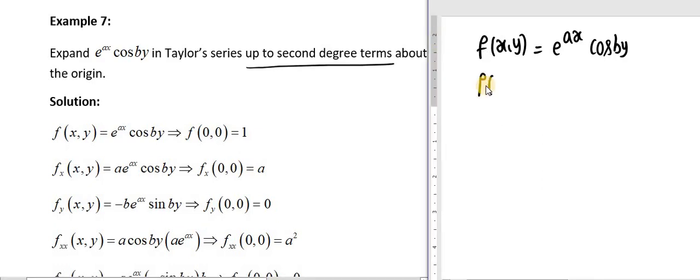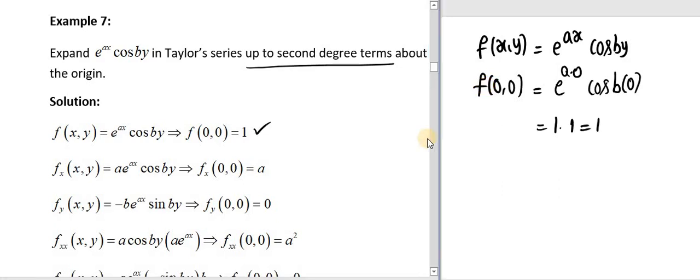First of all, we want to find out the value of f at 0, 0. So f of 0, 0 is e power a into 0 cos b into 0. e power 0 is 1, cos 0 is 1. So 1 into 1 is 1. That's why we are going to get 1.